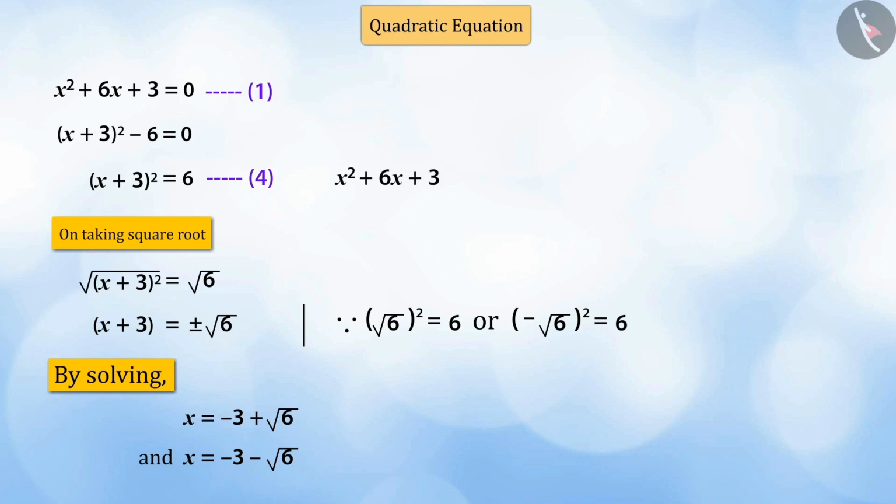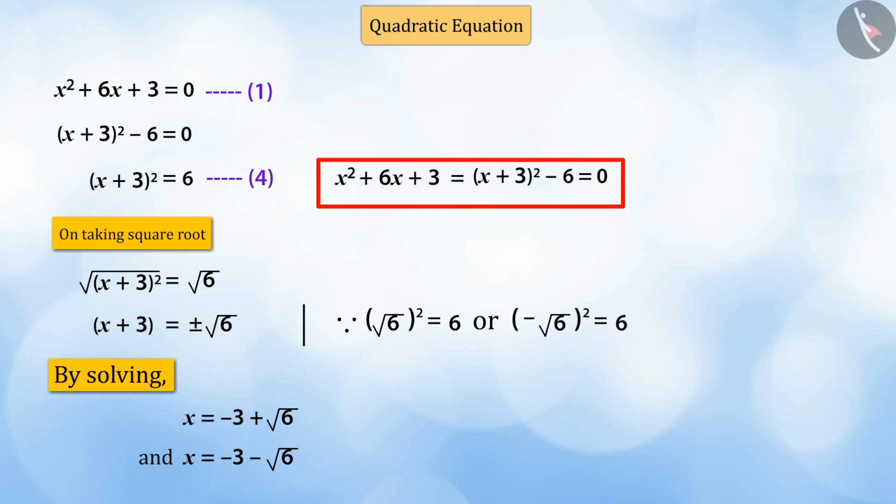Thus, we have found the roots of the given quadratic equation by expressing it in the form x plus 3 the whole square minus 6 equal to 0.